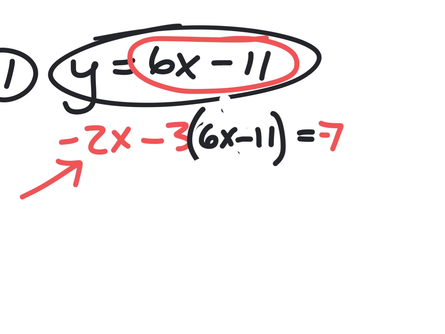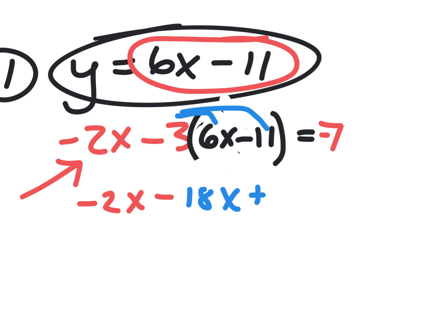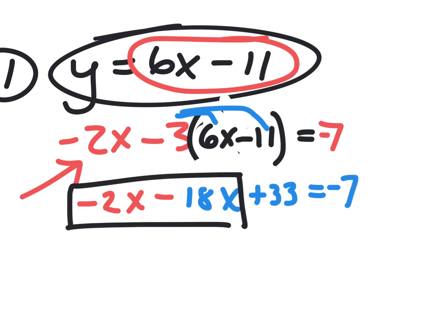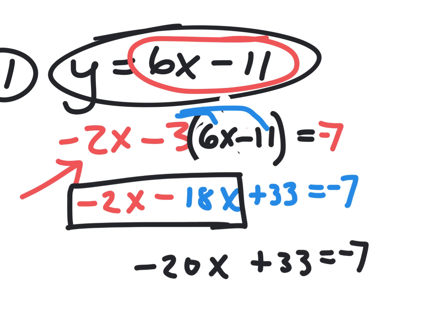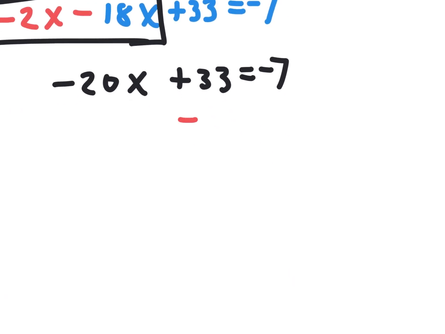From here, you've got to know how to do this from the first chapter. This gets distributed. Like terms. Copy down. Subtract 33.